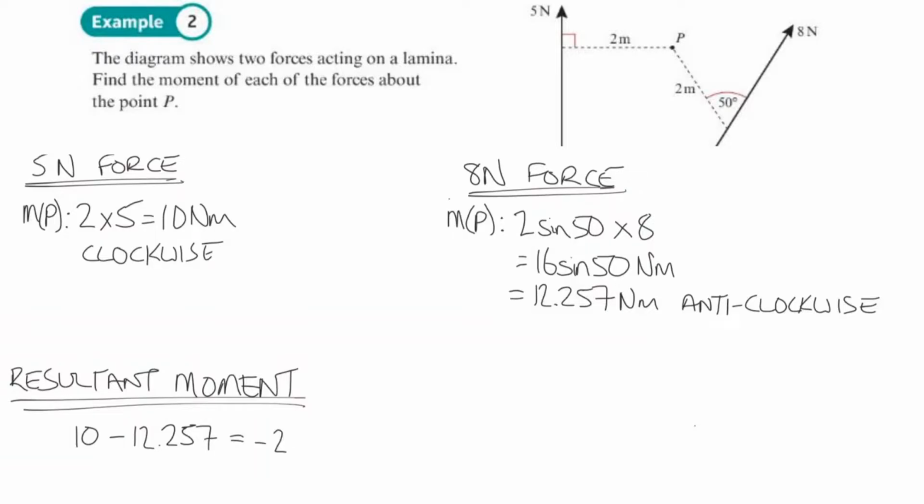Our overall resultant moment is negative 2.257. We need to say what direction this is, so we'll use the magnitude and the direction to say we have a resultant moment of 2.257 Newton meters anti-clockwise. So this is the resultant moment. The anti-clockwise direction won out of the two moments that we had. The overall turning effect is going to be an anti-clockwise turn.